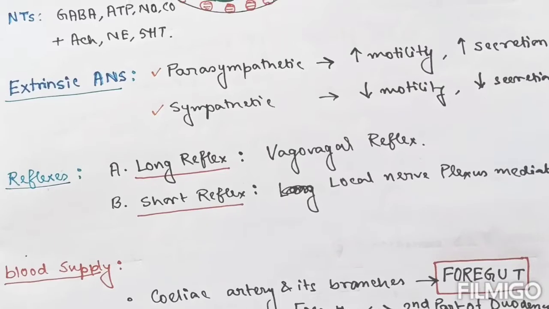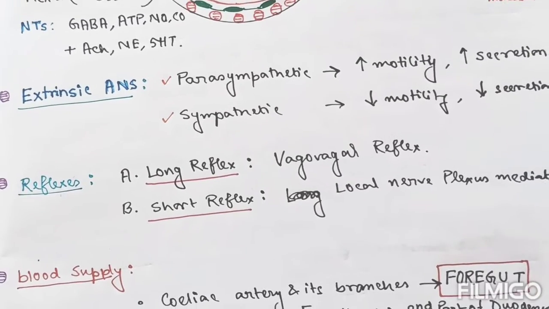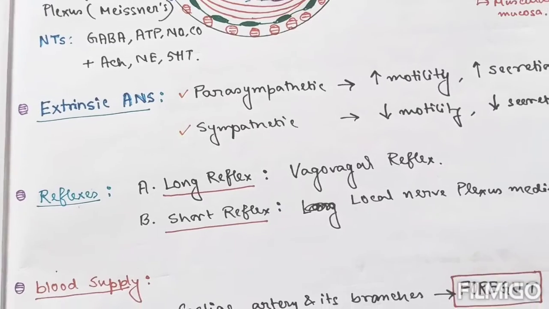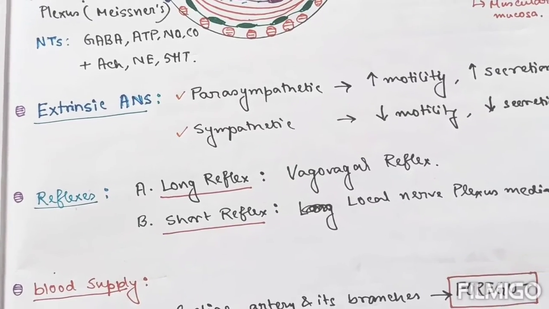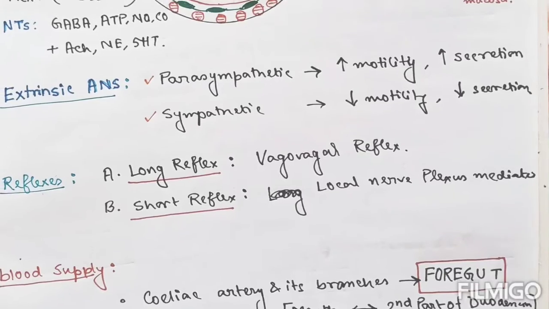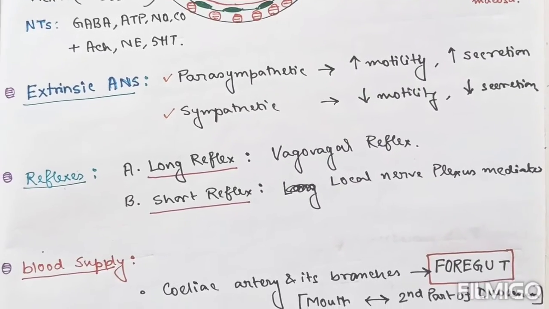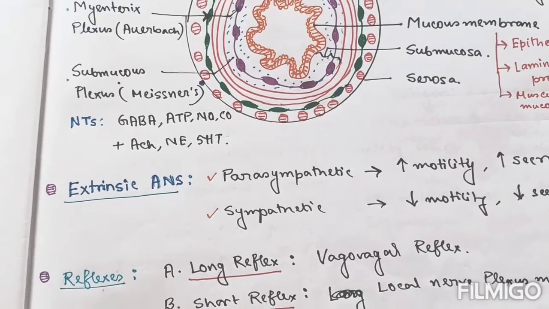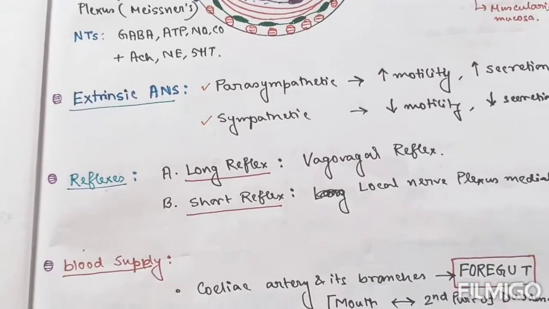These are also called vagovagal reflexes because the afferent and efferent fibers are both carried by the vagus nerve or 10th cranial nerve. And the short reflex is mediated by the enteric nerve plexus, as we have already discussed, the myenteric plexus or Meissner's plexus.